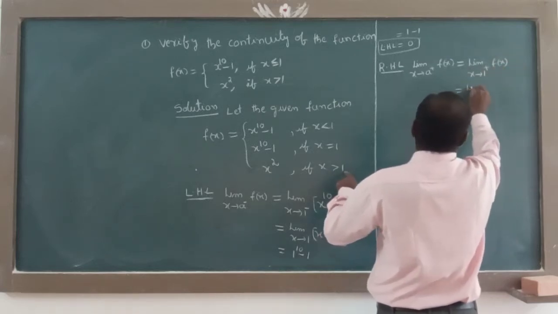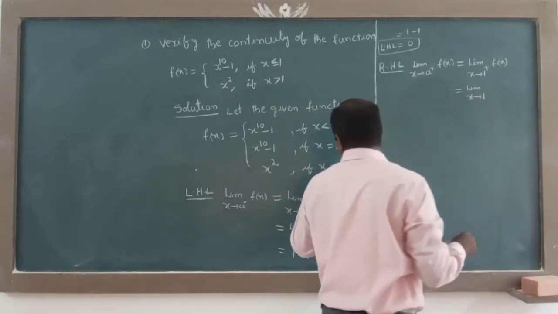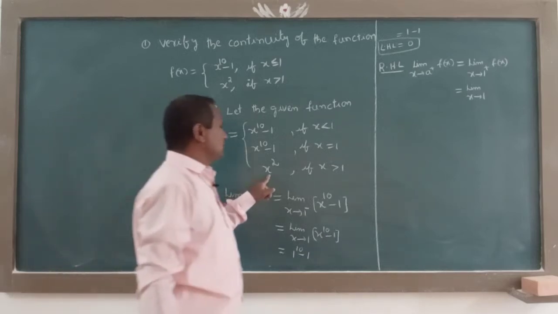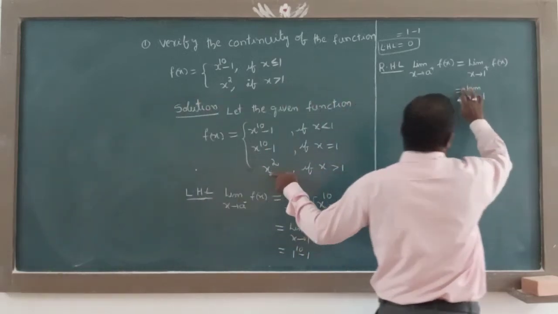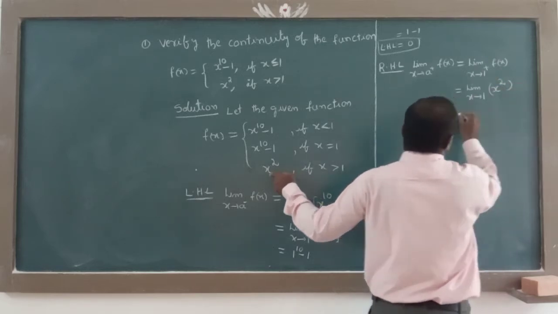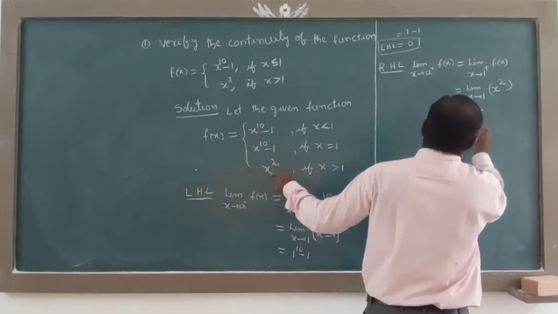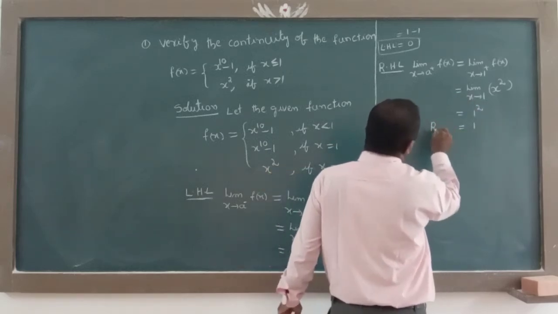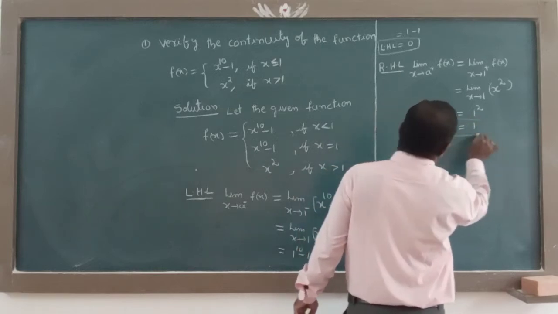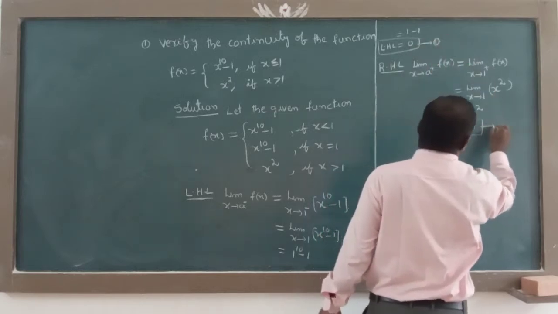Corresponding to the greater than symbol, which function is there we must consider here. Corresponding to greater than 1, x square is the function. That's what we must take for RHL. Next, substitute: 1 square is equal to 1. Therefore RHL value is equal to 1. We consider this as equation number 1 and this as equation number 2 here.